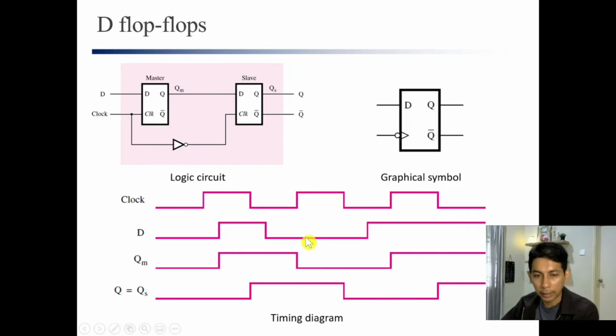So this is the characteristic of the D flip-flop. To build a D flip-flop, you use two D latches connected like this. The first one we call the master, and the second one we call the slave, and we connect the clock with this inverter, and we get the D flip-flop, negative edge triggered.